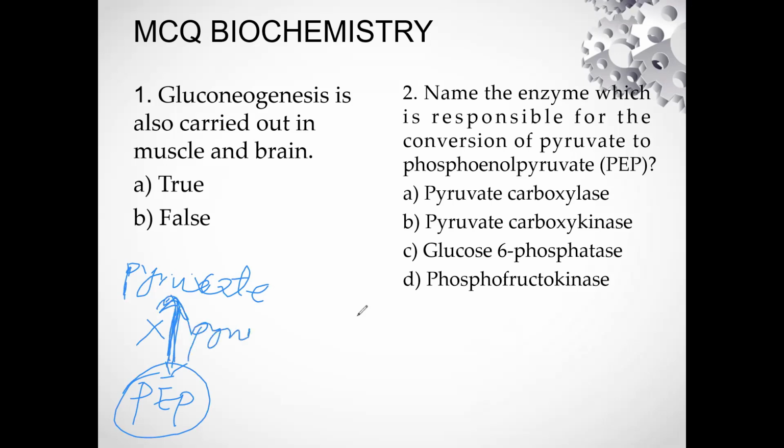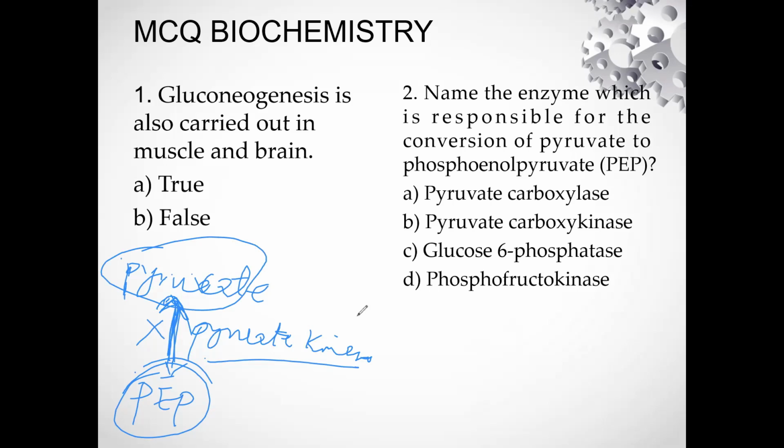So the conversion of phosphoenol pyruvate to pyruvate, using the enzyme pyruvate kinase, is an irreversible step. Therefore, pyruvate cannot be converted back to phosphoenol pyruvate directly.